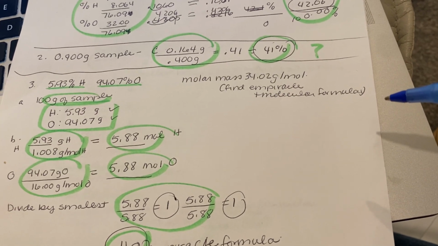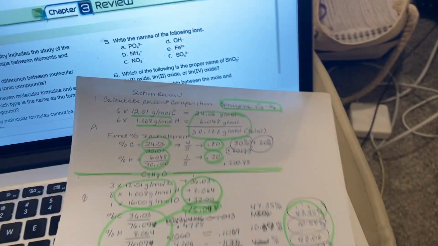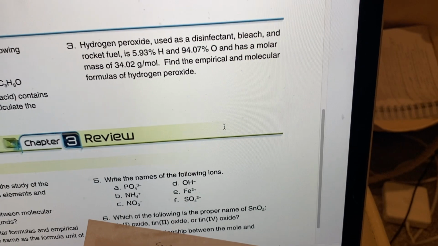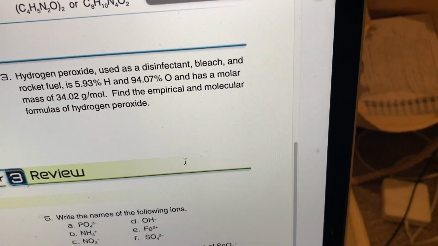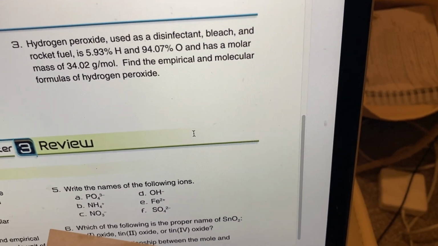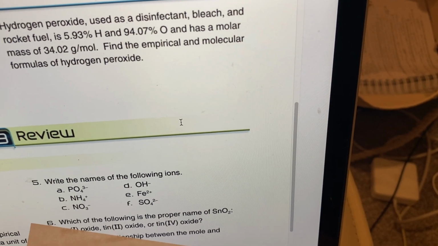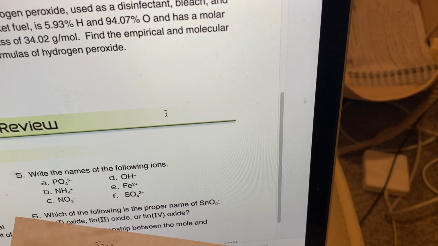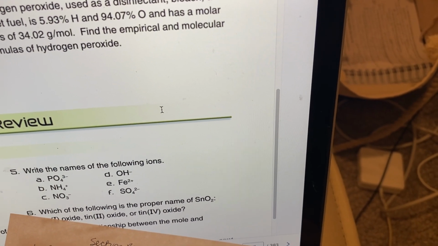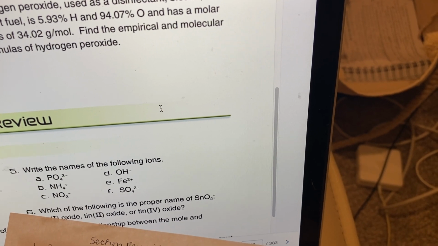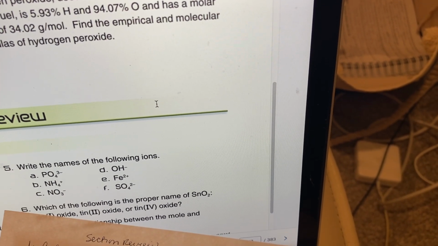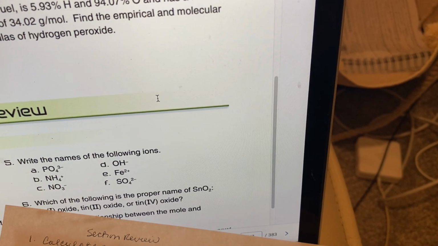Which is pretty easy. The last one is this question here. Hydrogen peroxide, used as a disinfectant, bleach, rocket fuel, is 5.93% hydrogen, 94.07% oxygen, and has a molar mass of 34.02 grams per mole. Find the empirical and molecular formula.